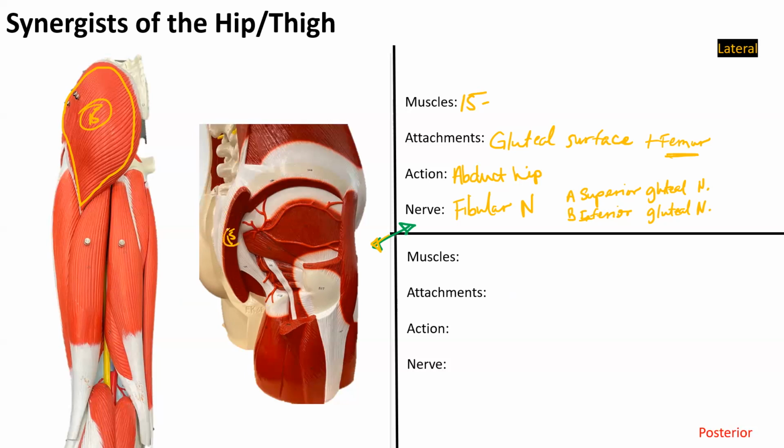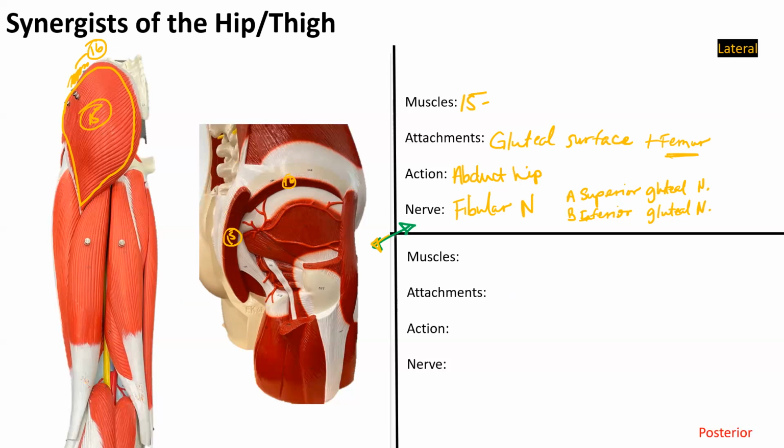So this is number 15 that they've cut off. Okay, and then I didn't actually get a great picture. Basically, high up on the hip is going to be number 16. This is number 16. This is gluteus medius.